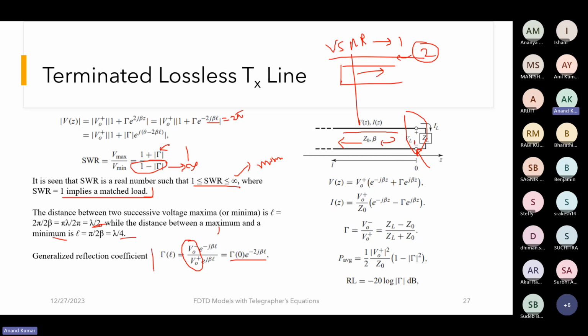So this is the expression for the generalized reflection coefficient. You don't need to remember this. It's good to know. You can easily derive this while solving questions.